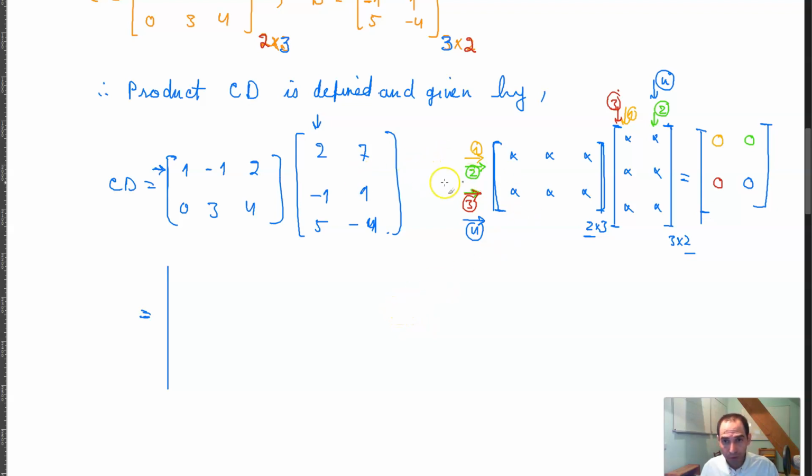Now we will do this over here, and you will of course understand it. So what I'm going to do is just mark the row and the column that you're working with, because sometimes the number of rows and columns of matrices gets too large, and then you will get confused, especially if you're not good at arithmetic.